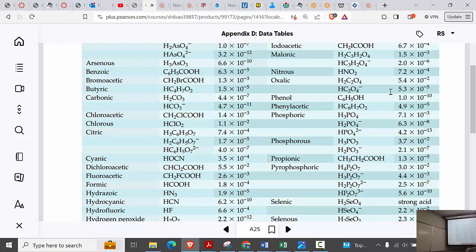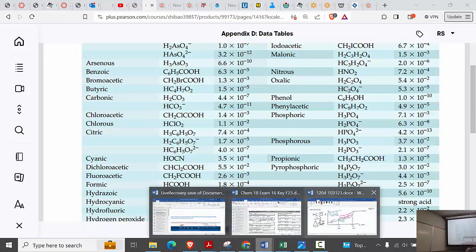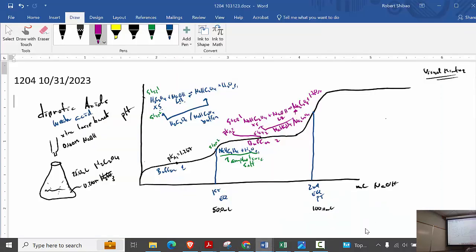4.275. So this is 4.275. That means the equivalence point is somewhere between 1.267 and 4.275.